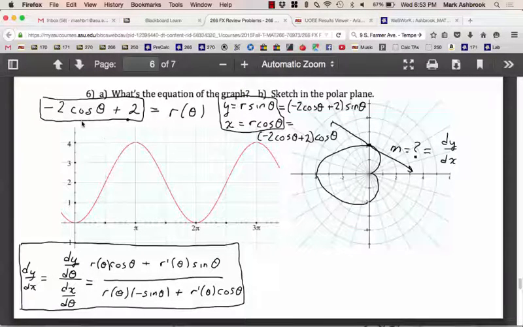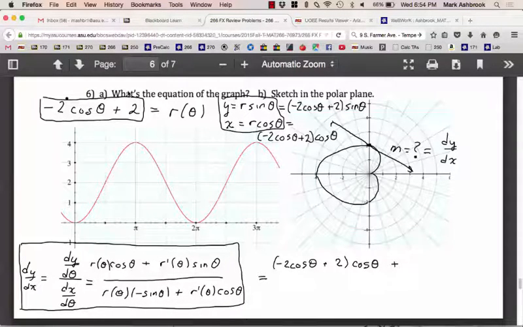But we're going to have to do the math for our r. Yes, you're correct. So for our r, r of theta is negative 2 cosine theta plus 2, and we follow what we did with the product rule: r of theta times cosine theta plus r prime times sine theta. What is r prime?